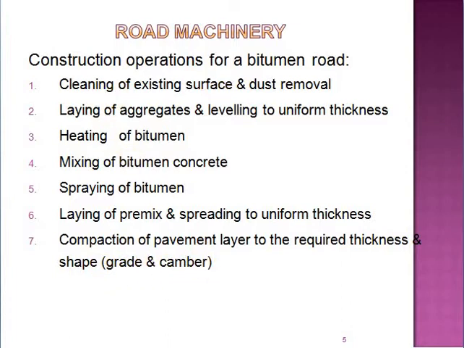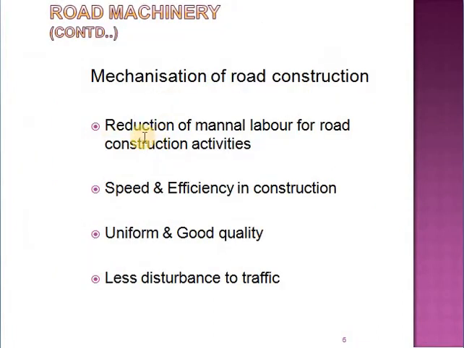So these are the construction operations required for a bitumen road. And next, reduction of manual labor for road construction activities and speed and efficiency in construction, uniform and good quality, less disturbance to traffic.